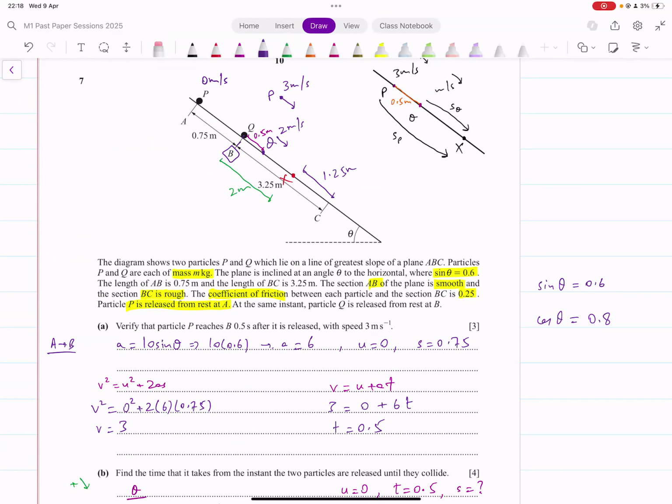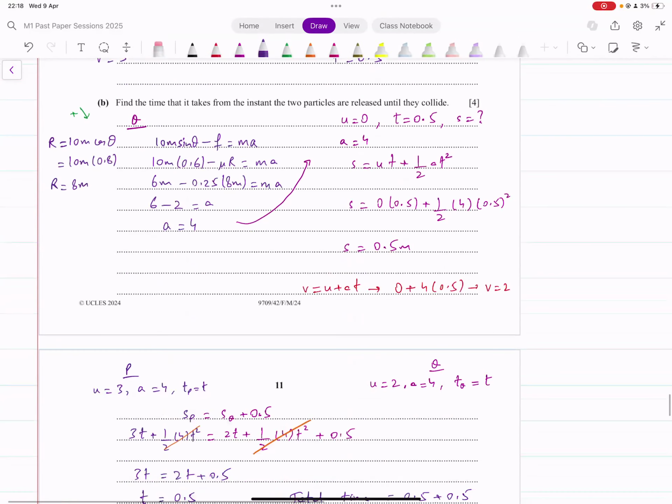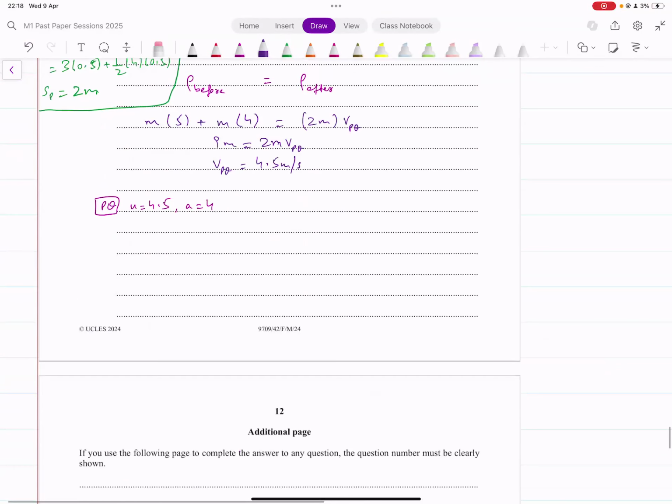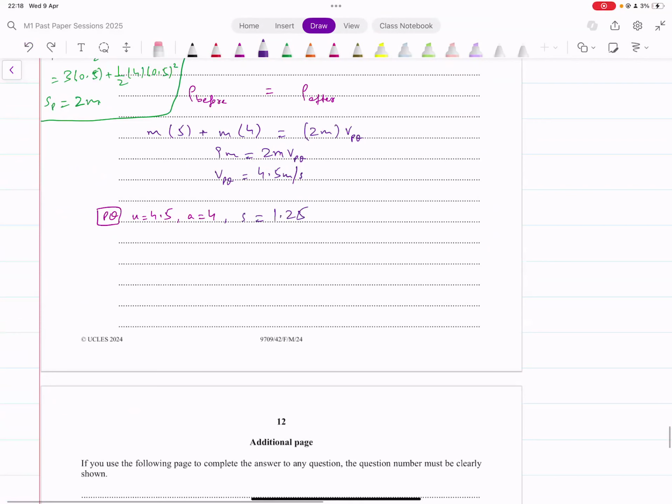So since P traveled 2 meters from B onward to X, the combined particle would have to travel 1.25 meters more to reach the point C. So the displacement for that combined particle is going to be equal to 1.25. I'll just write that down: 3.25 minus 2, and that's 1.25. And that's coming from here.